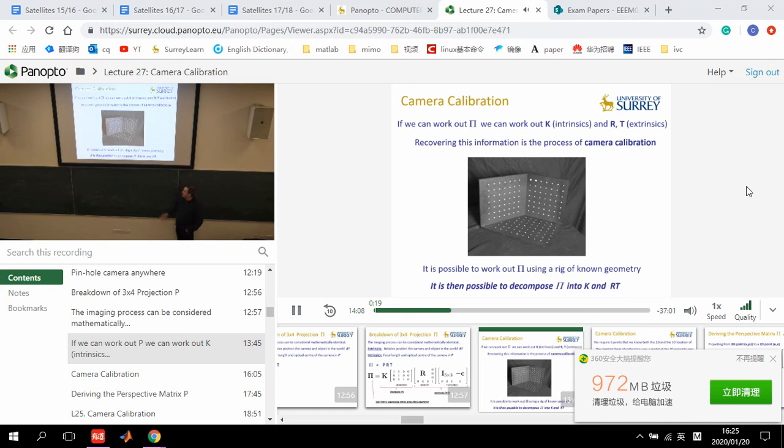Okay, so how are we going to do that? We're going to do it by observing, again, corresponding pairs of points, but this time between 3D and 2D, and we're going to use what's called a calibration prop or object in order to do this. So in this photo, we've got a calibration prop, and it comprises 3 planes.